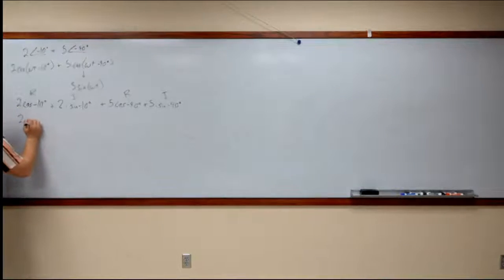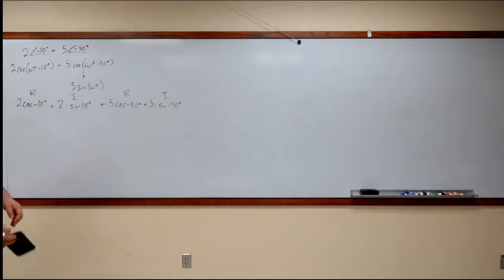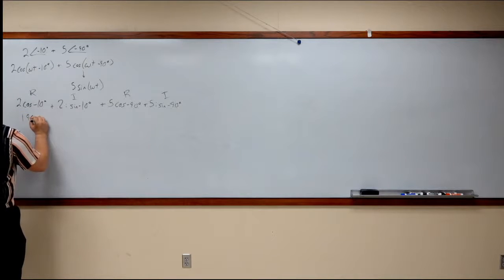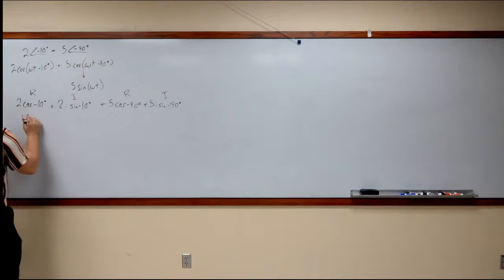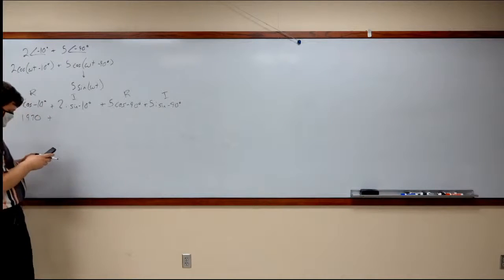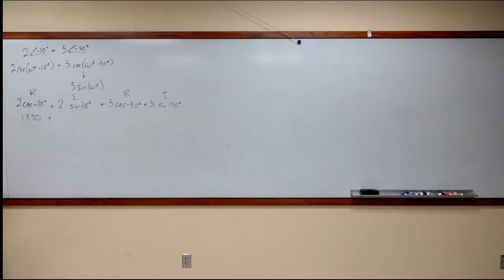So 2 cosine -10 degrees, actually calculate that out. This is equal to 1.970 plus 2 sine -10 degrees.